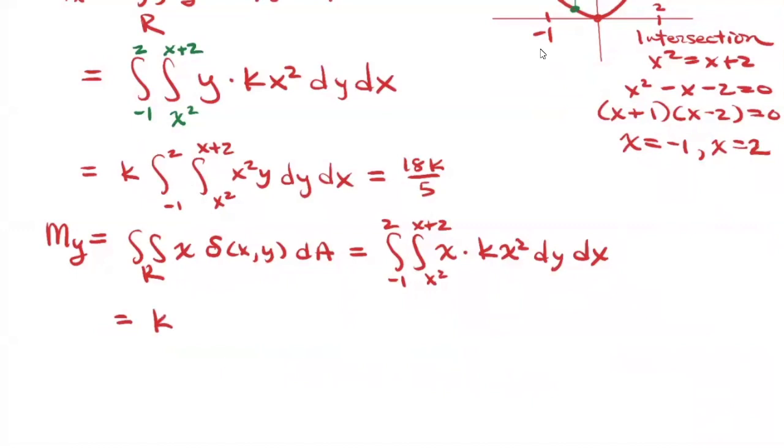And so you're going to have a k double integral of just x to the third. So k times x to the third, and then you're going to have a dy and a dx. y goes from x squared to x plus 2, and x goes from -1 to 2.